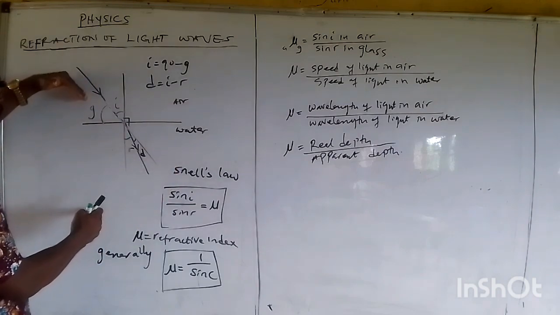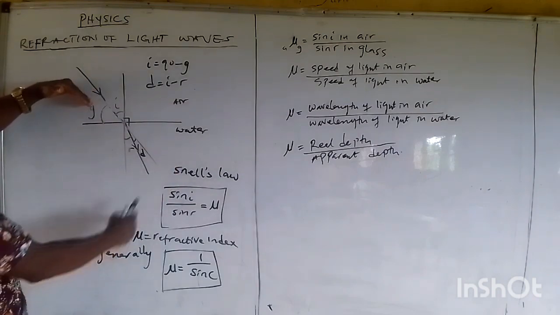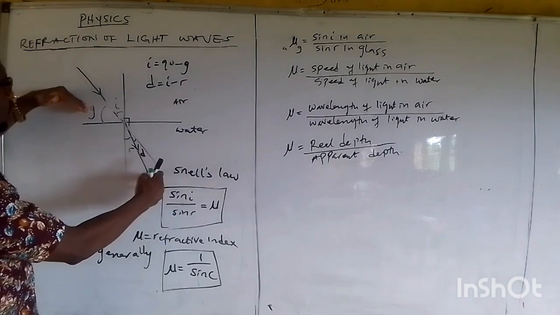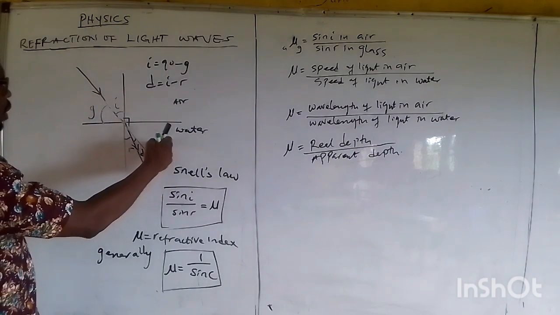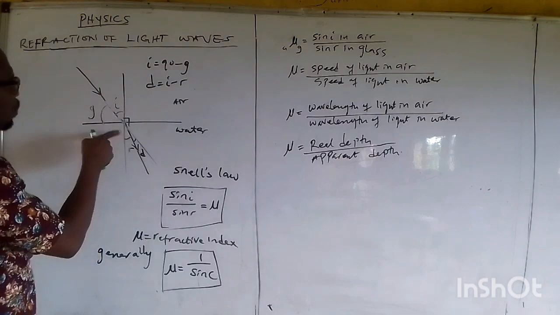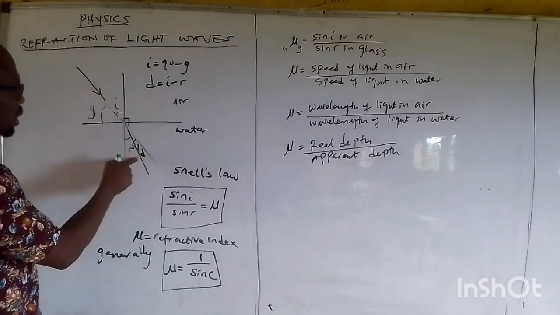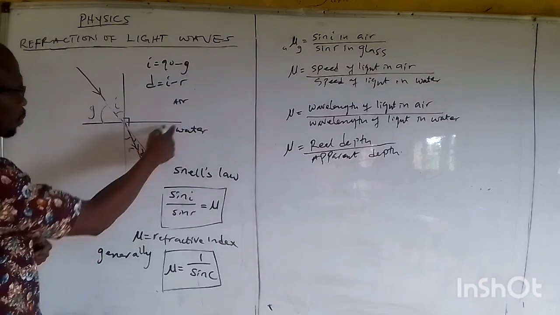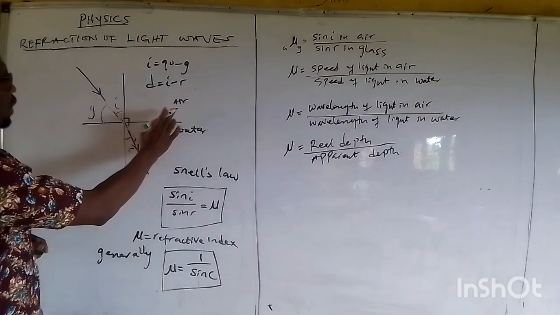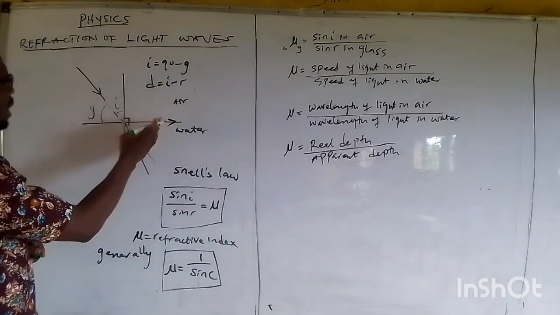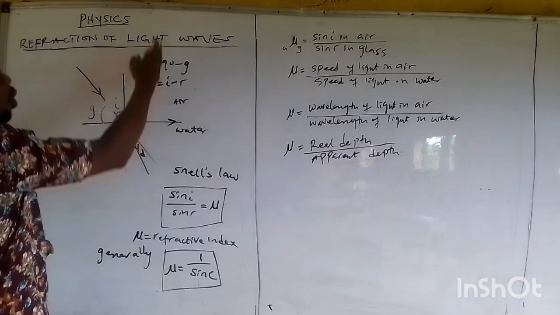So if you increase this one, let's say by 5 degrees, this one will increase. As you shift i, r will continue to increase until it gets to a point where this refracted ray will fall on this line. Now, once it falls on this line, the next thing is for it to go back.